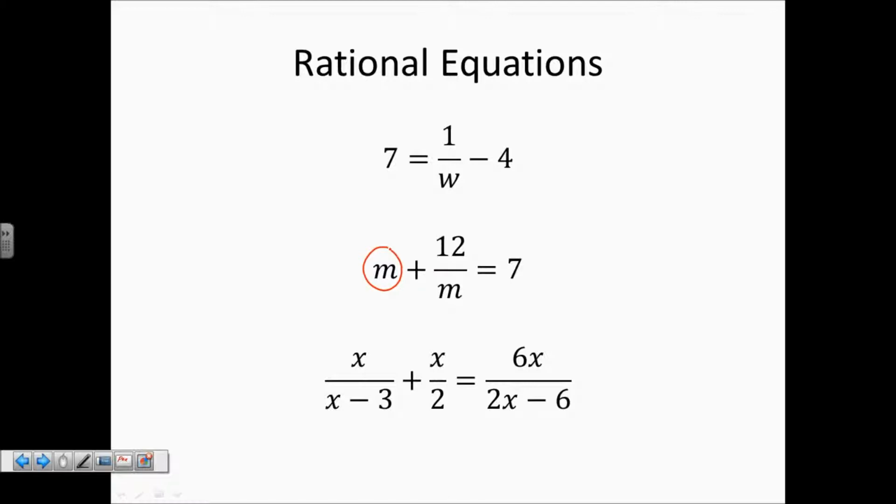We can have that variable occurring in several different spots, like we do in the second rational equation here. One of the terms has the variable in the bottom, one of the terms doesn't. We can even see that variable in several different spots in the equation, but again, the fact that we see the variable in the bottom of the equations is really what makes it a rational equation.